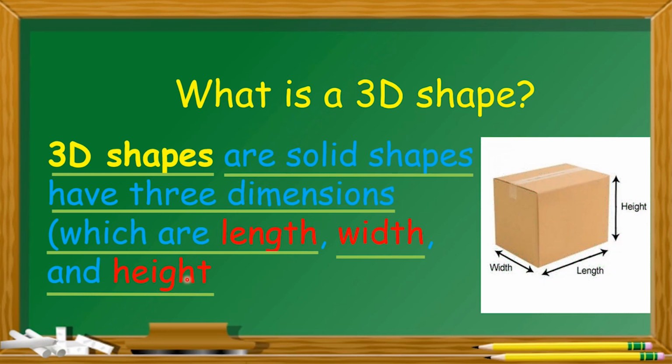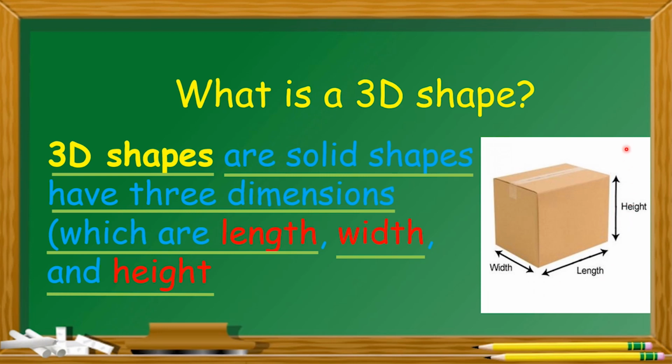This one, a box. This is a solid shape. Solid shapes have height, length, and width. So length, width, and height.